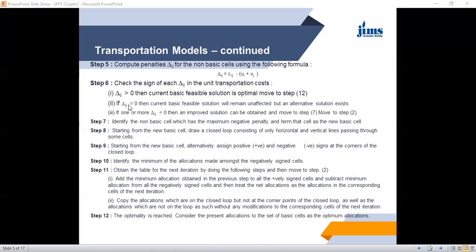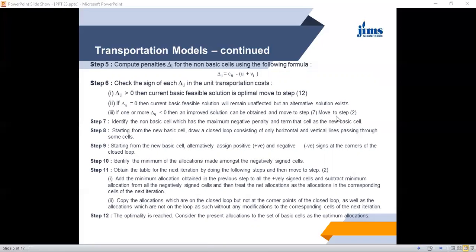But if delta ij is equal to 0, then your current basic feasible solution remains unaffected and an alternate solution exists. But if delta ij is less than 0, then an improvement in the solution is possible, and then we go to step 7.